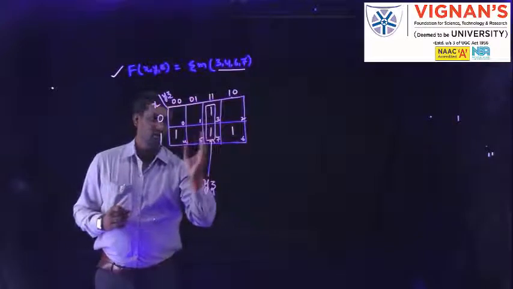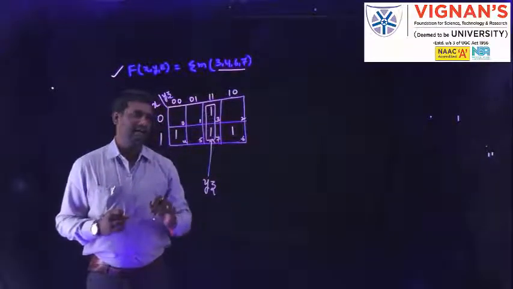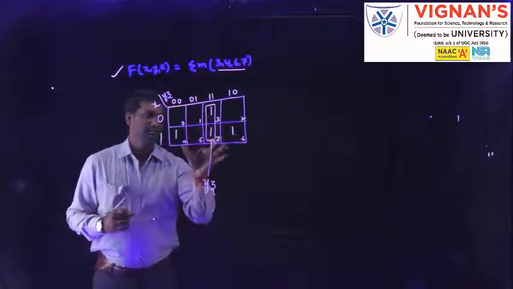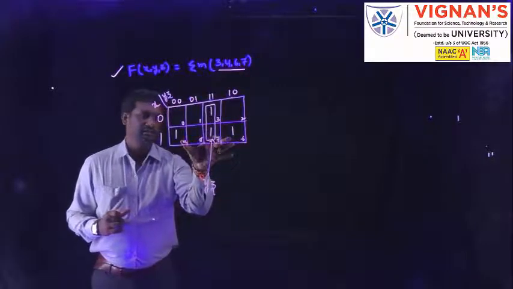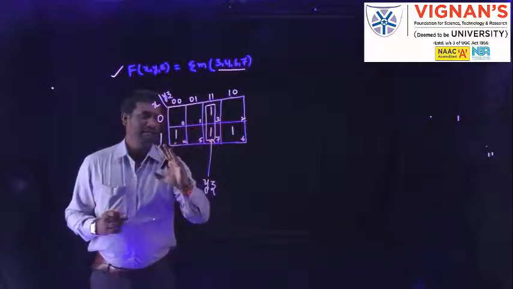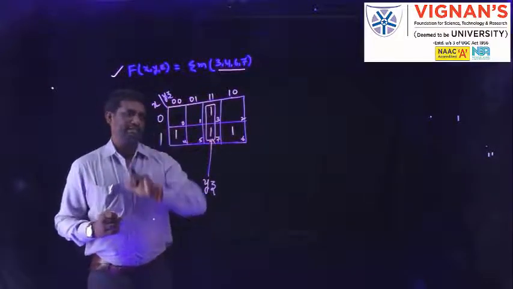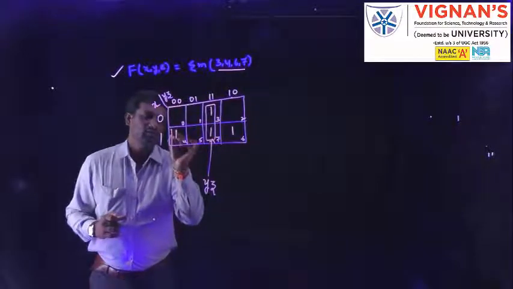That is also called corner ones grouping. So these two, 4 and 6, are the two corners of the three variable K-map. By folding, those two corners become adjacent to each other. That's why those two are grouped.